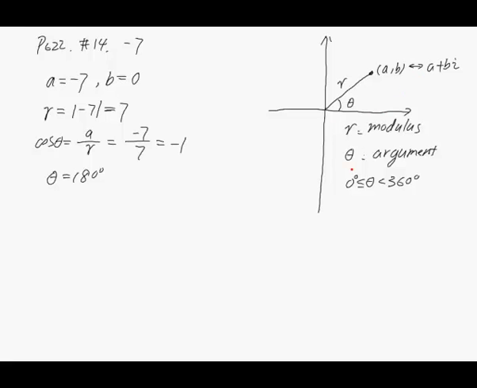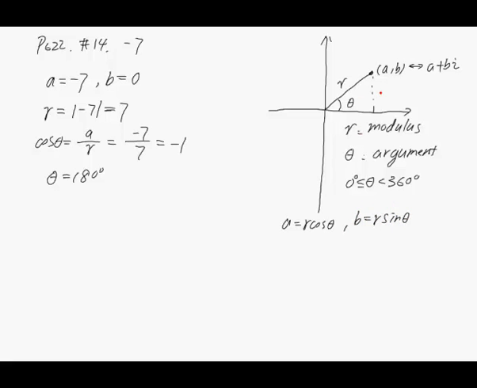Okay, let's do this in the general case. Here we have (a, b) as the coordinates of the point for this complex number, and in this right triangle, a is equal to r times cosine theta, and b is equal to r times sine theta, right?